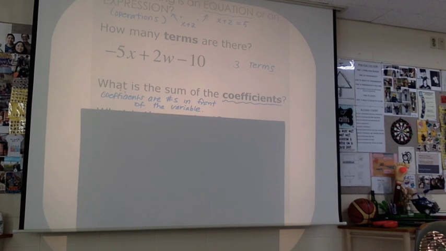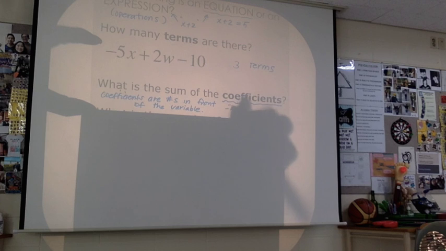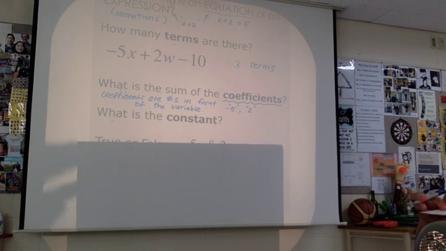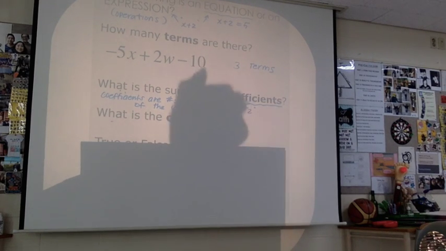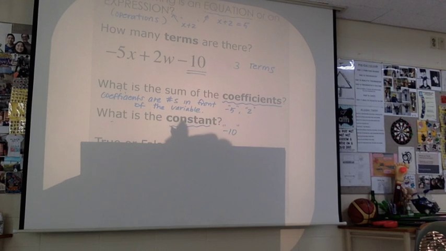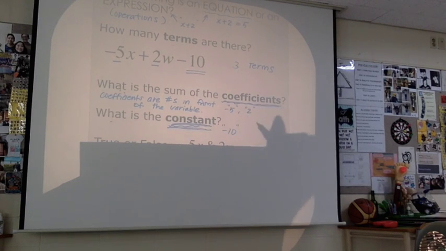If you don't need to watch the video, try doing the homework on your own and see how it goes. So the coefficients for this expression are -5 and 2. And -10 is actually the constant because it never changes, right? This is the constant, and these are the coefficients. So the sum would be -5 + 2, which is -3.